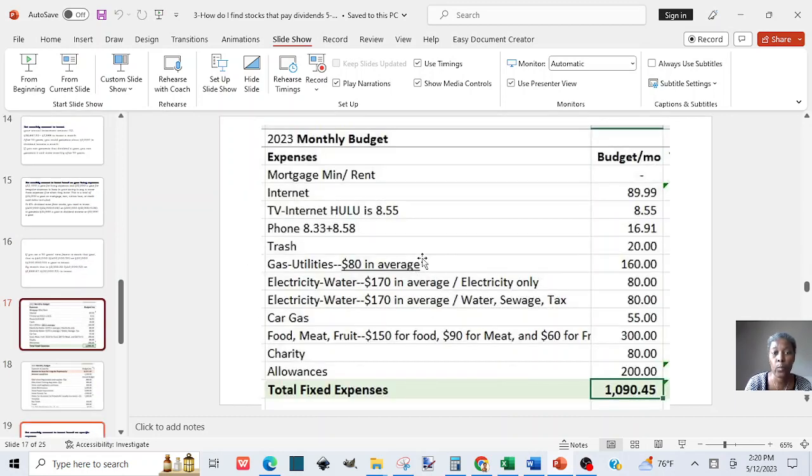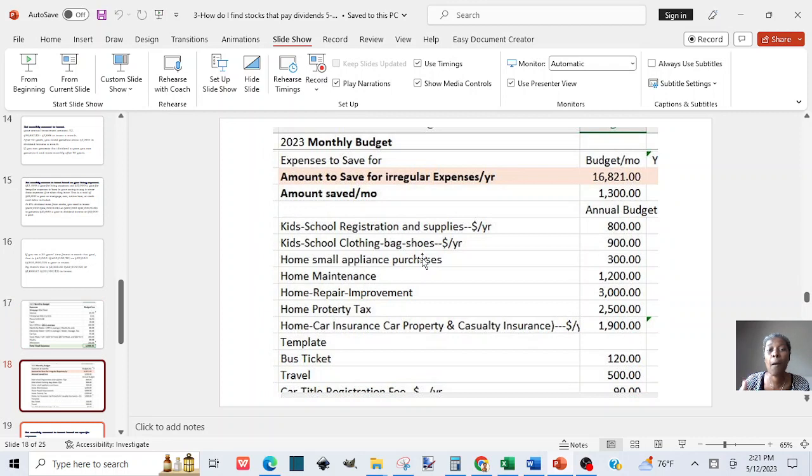We can take an example of a budget here. I like to call it fixed expenses, because there are some other expenses that I like to call irregular expenses. So we have basic living expenses without debt in it, and then you have irregular expenses. By irregular expenses, those are expenses that you save for.